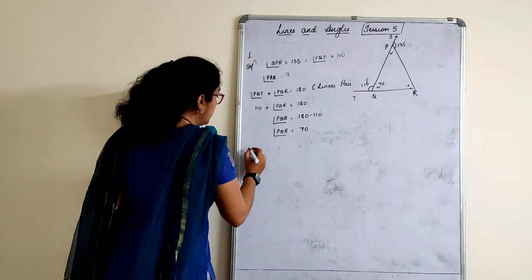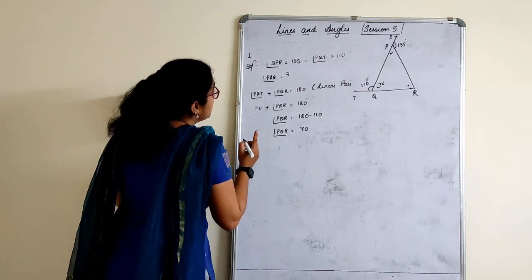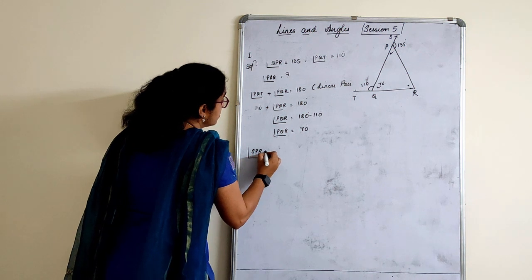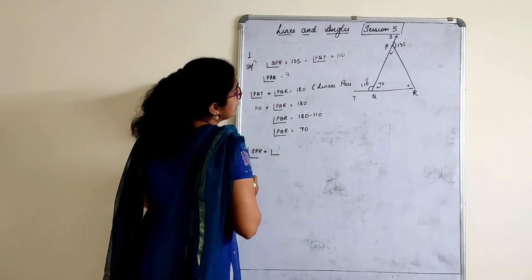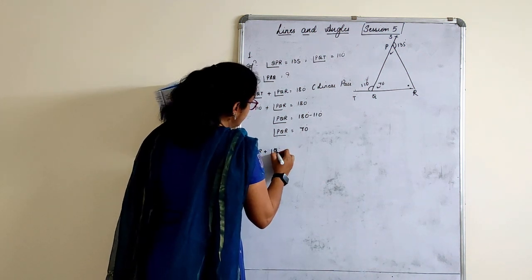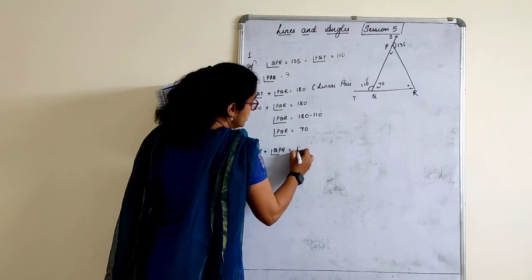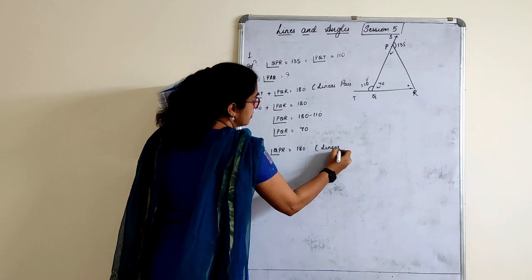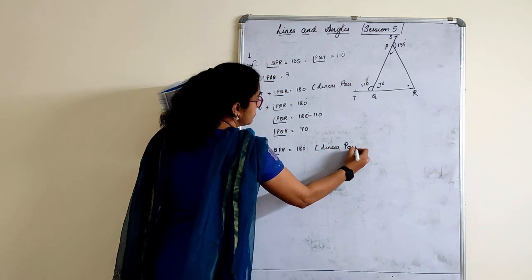Now find this angle. Again I will say angle SPR plus angle QPR is equal to 180. Reason? Linear pair.